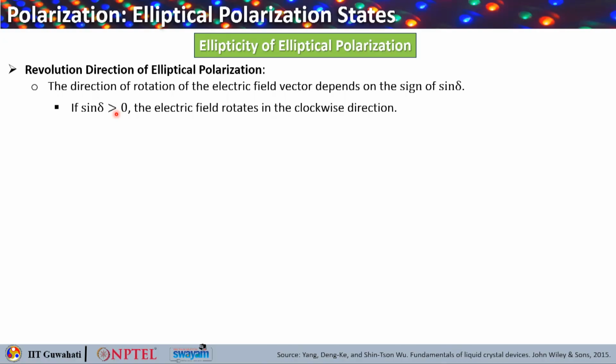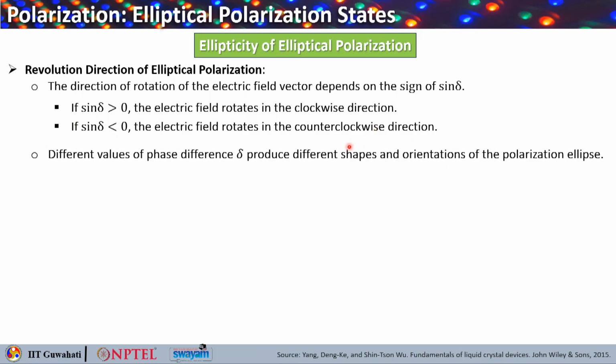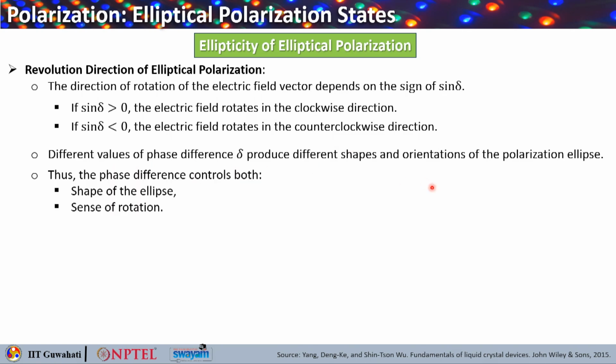You need to understand that the direction of rotation of the electric field vector basically depends on the sign of sin delta, okay. If sin delta is positive, the electric field rotates in a clockwise direction. If sin delta is negative, the electric field rotates in a counterclockwise direction. Now different values of the phase difference delta can produce different shapes and orientations of the polarization ellipse.